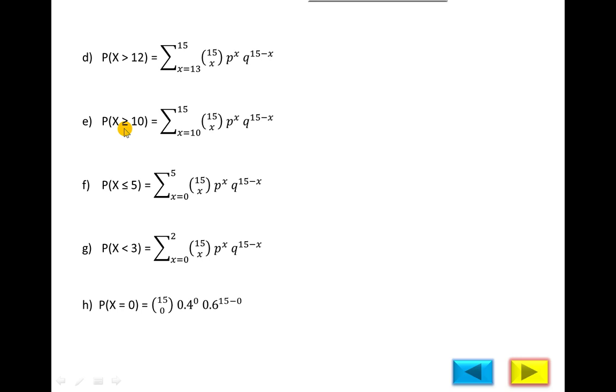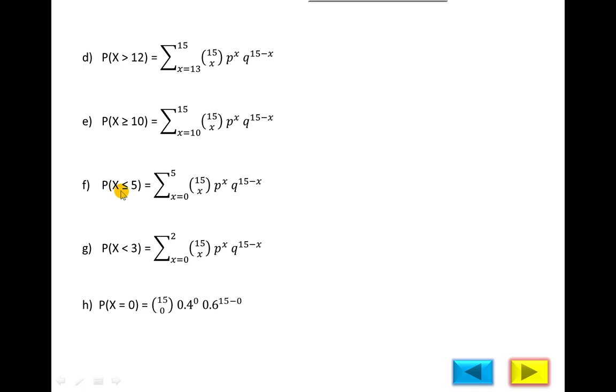At least 10, minimum 10, but not less than 10, maybe more than 10. So 10 to above, 10 to 15, substitute one by one. First substitute 10, then 11, 12, 13, 14 and 15. The values for 13, 14, 15 are given in this. You can use them in this part.